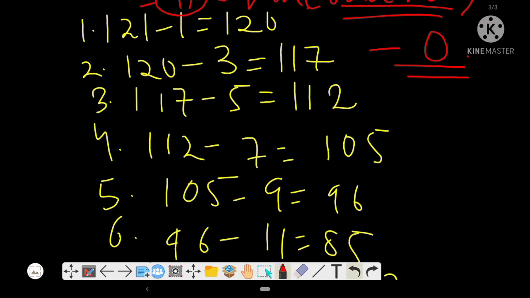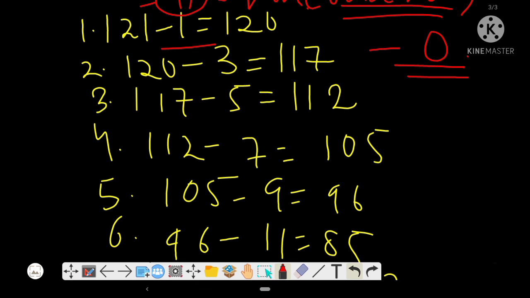What we have to do in this method is just subtract the odd numbers. We subtracted from 121 the successive odd numbers from 1 to 21 and obtained 0 in step 11. Therefore 11 is the square root of 121.